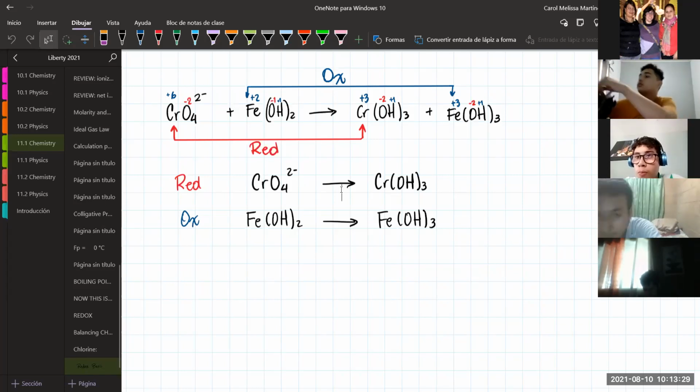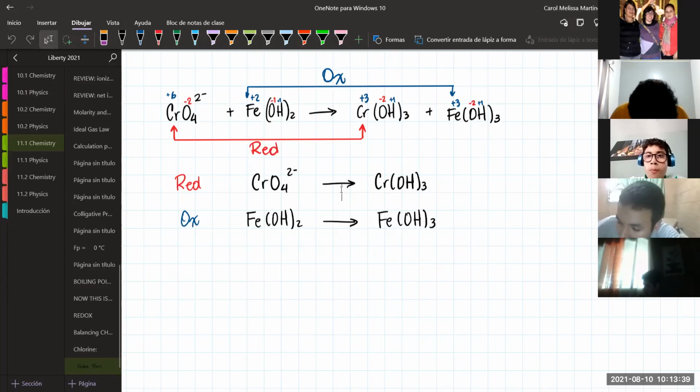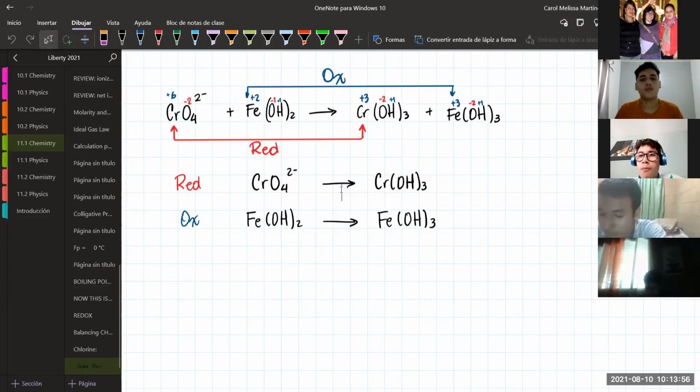So the rule says that you need to balance the amount of oxygens by adding water. So here you have how many oxygens? We're working just in the reduction.